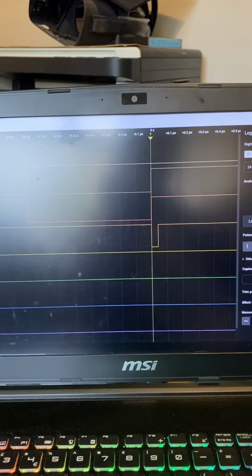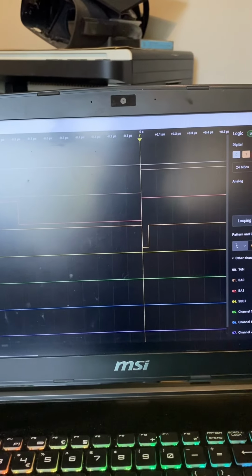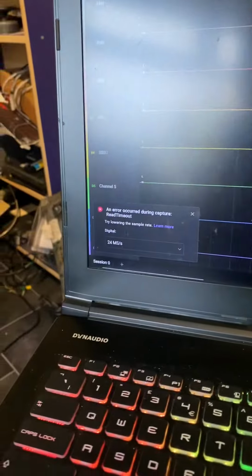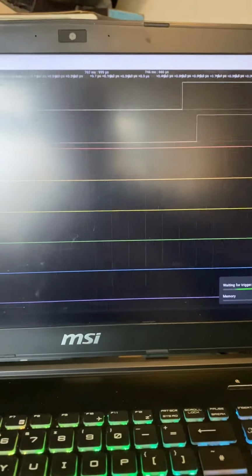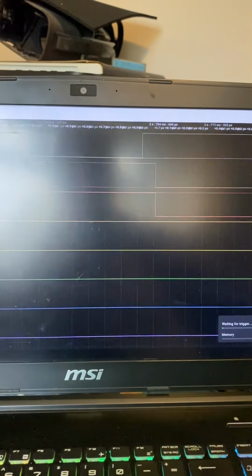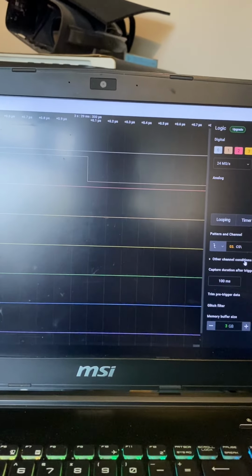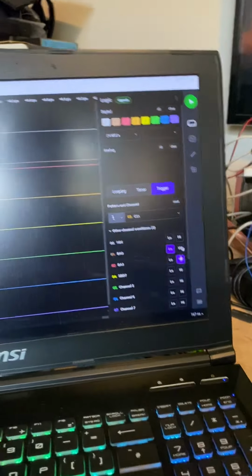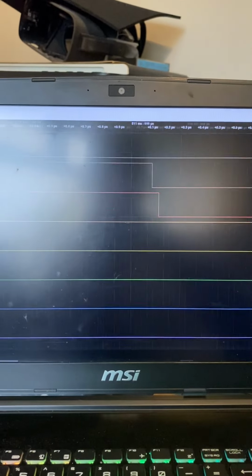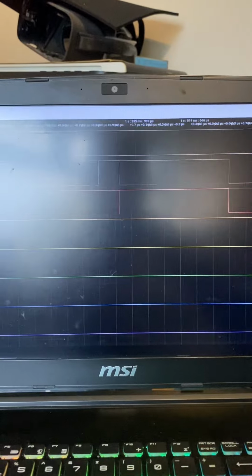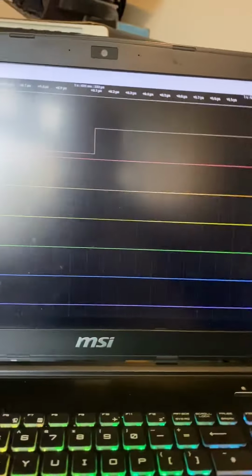I'll go back to the one that seems to be erroneous, which is this one. And it timed out. And again it timed out. Just change those to that other configuration. And it's timed out again. Timed out again.